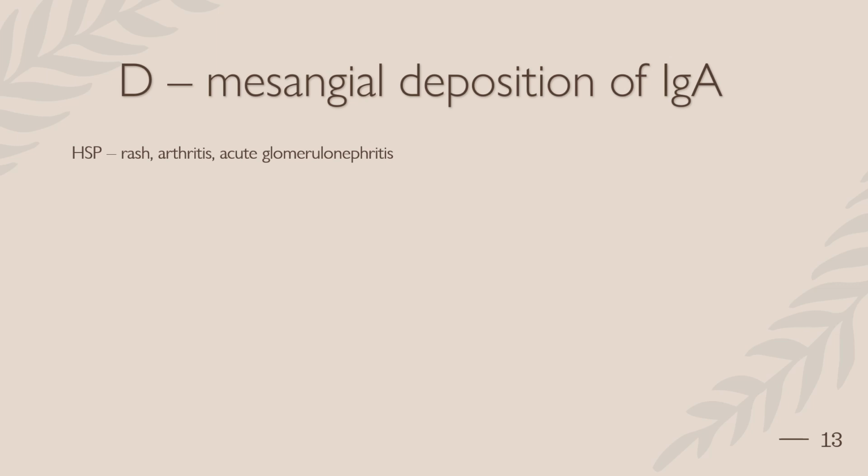So that is HSP: rash, arthritis and acute glomerulonephritis. When there is a triad of rash, arthritis and acute glomerulonephritis, think of HSP where there is mesangial deposition of IgA. There is a slight difference between IgA nephropathy as such and HSP, but in HSP also there is mesangial deposition of IgA.